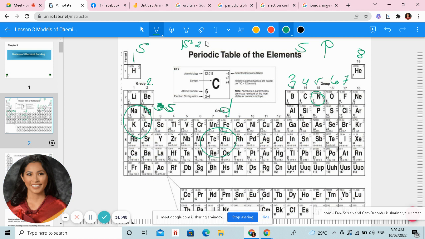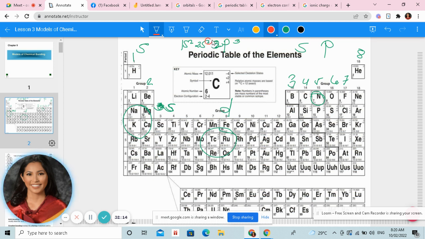1s2, 2s2, 2p, 1, 2, 3, 2p3. Okay, so how many outermost electrons do we have? 5.